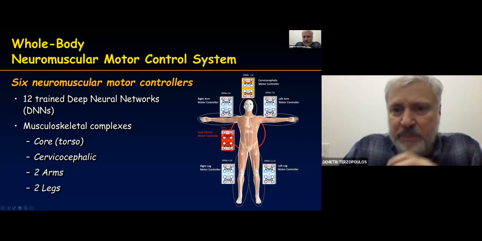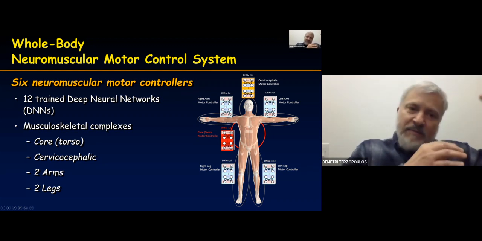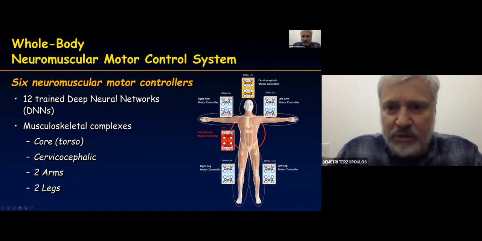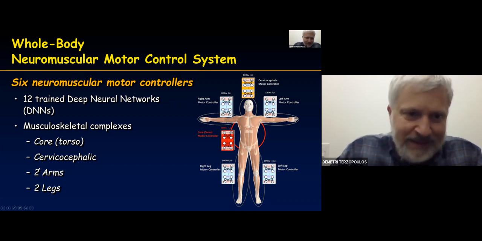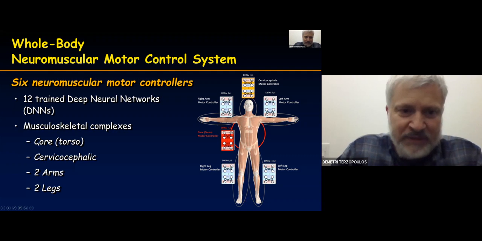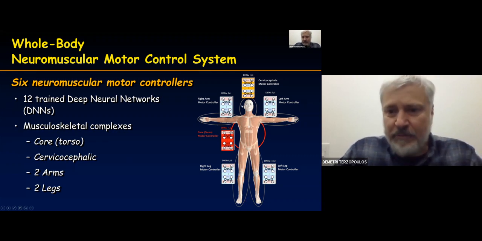These come in pairs because, as I said before, we have voluntary and reflex controllers. So each of these neuromuscular motor controllers comes in a pair of deep neural networks, and there's 6 of them, which are shown here diagrammatically.